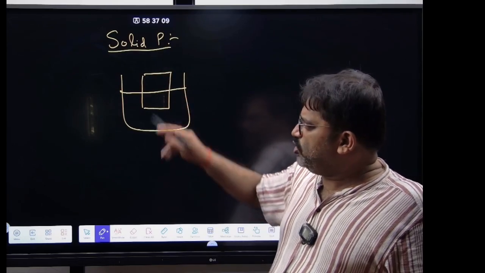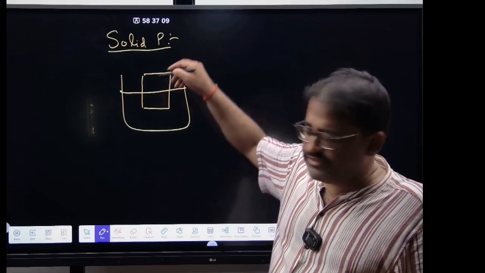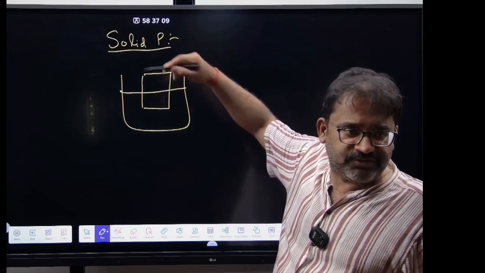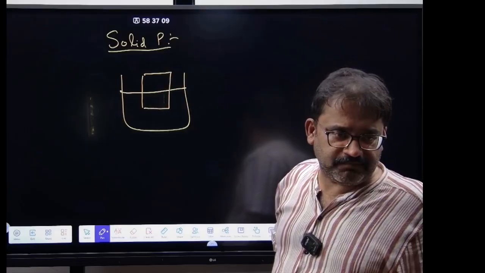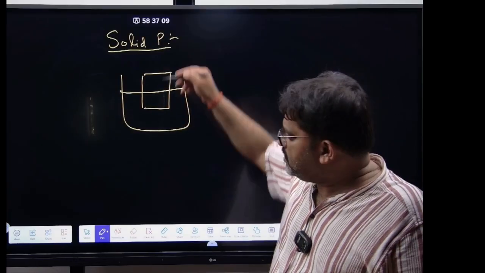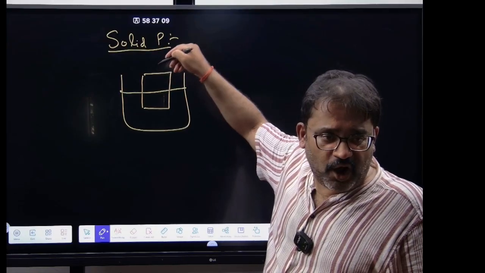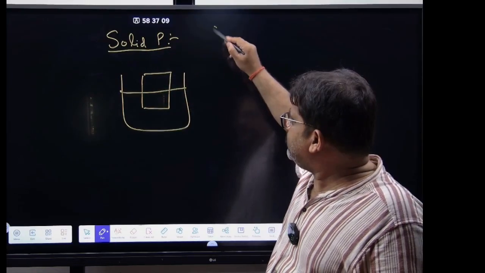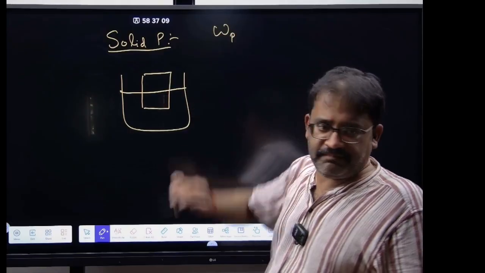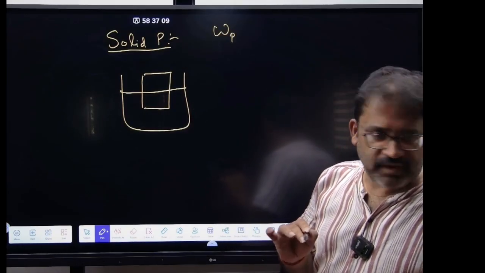Now when you go for the forces acting on this solid, there are two forces. One, the weight of that object, given by Wp. Agreed? Very good.